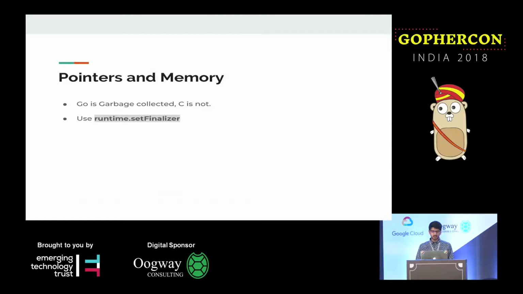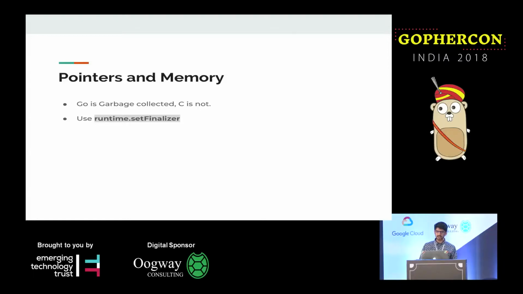So yeah, we all know Go is garbage collected and C is not. But because of that, you always have to remember to manage memory properly, which means freeing memory like we saw before.